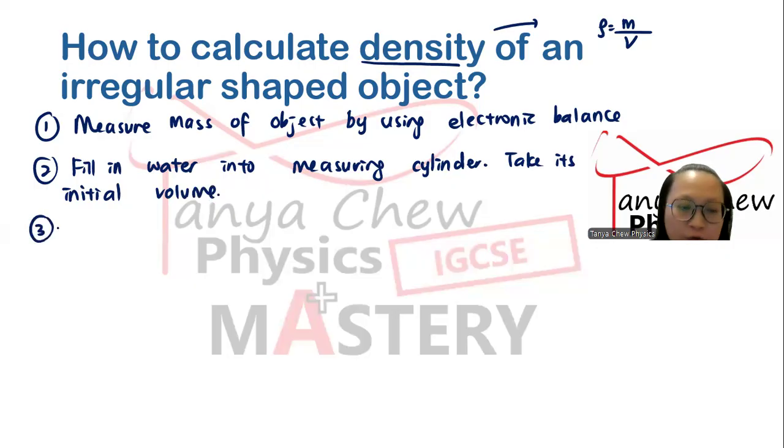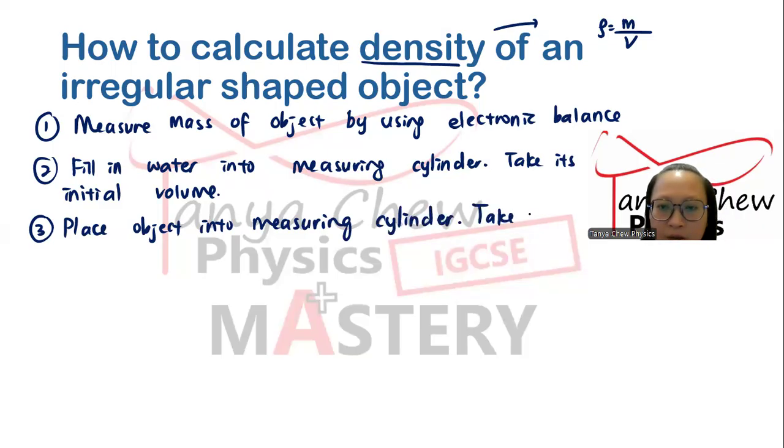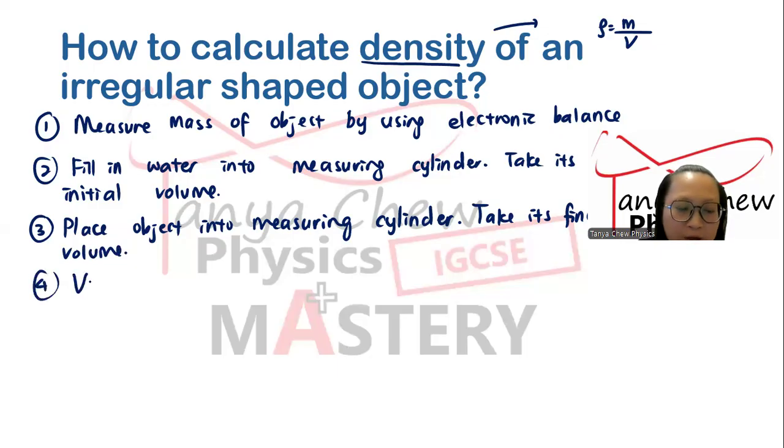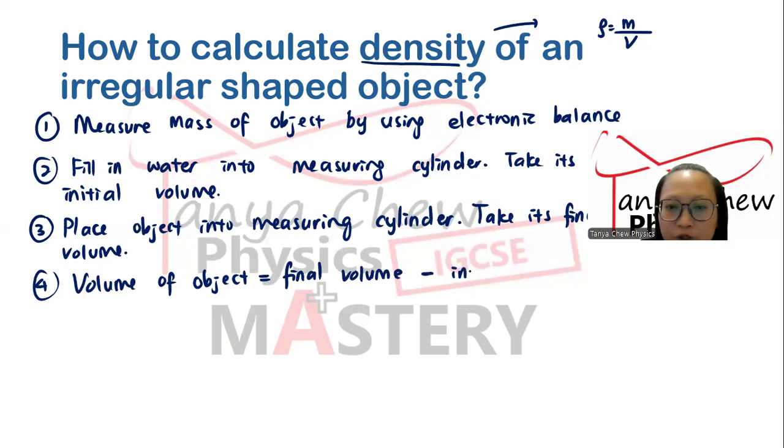And after that, carefully place object into measuring cylinder. Take its final volume. And tell us, how do I calculate the volume of the object? So volume of object is equal to final volume minus initial volume.